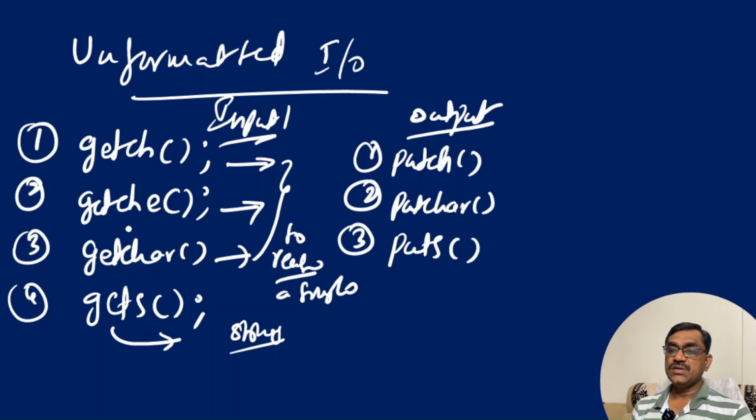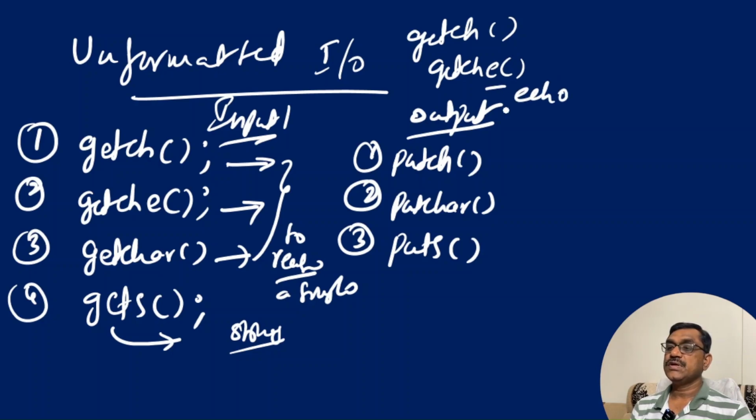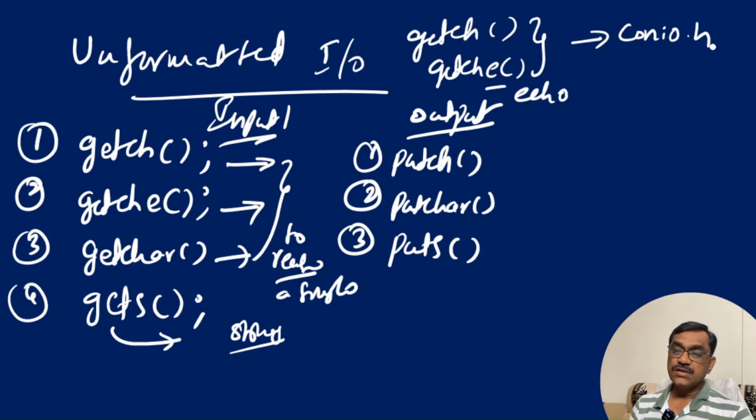Now, a very, very important thing you have to remember here is getch and getche. The E stands for echo. Getch and getche, these two are available in conio.h. Very, very important. What is that header file? Console input output header file.